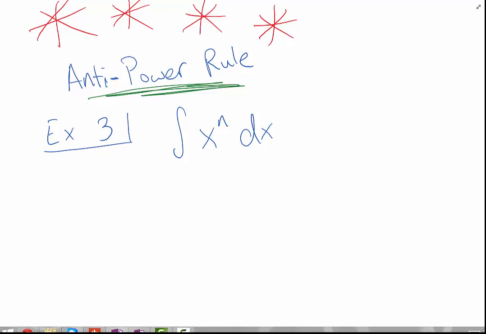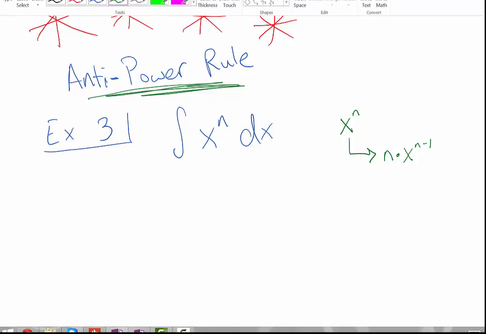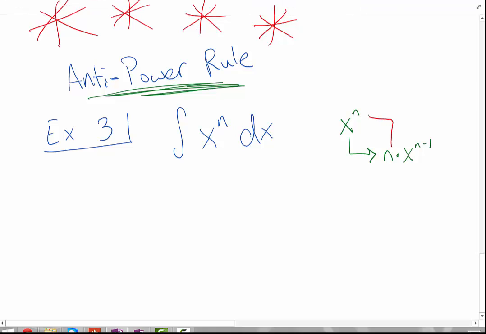So if we start off, we have x to the n. If we went down that ladder, we'd get n times x to the n minus 1. Well, remember, an antiderivative is just going back up the ladder, going backwards. So how could we get back to x to the n, starting off with n times x to the n minus 1?